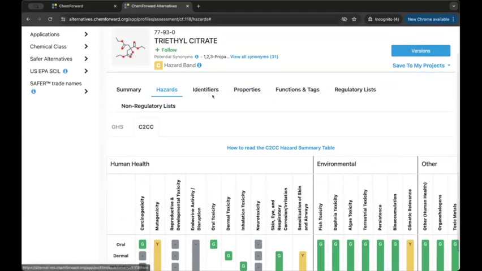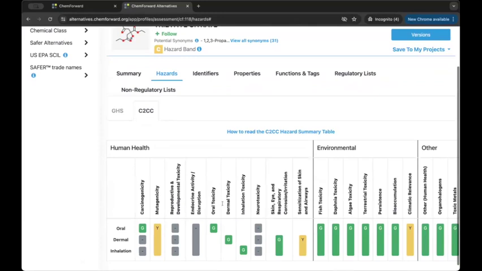Our scoring for each chemical is based on the Cradle to Cradle table. So you'll note that we have no data for reproductive and developmental toxicity and no data for endocrine. We have no data for neurotox. And this is overall what's driving this gray C chemical hazard score, which again is associated with the C hazard band.